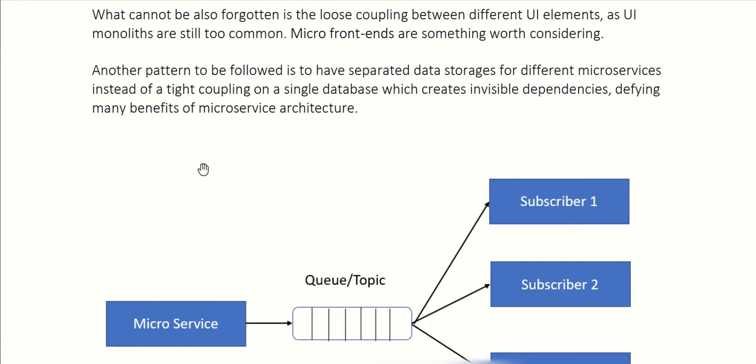What cannot be forgotten is the loose coupling between different UI elements. As UI monoliths are still too common, micro frontends are something worth considering.